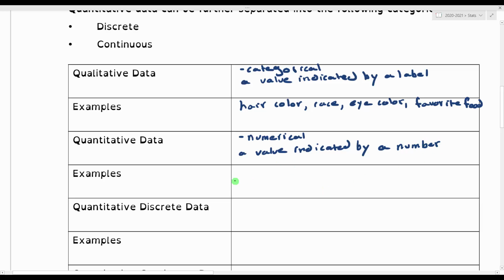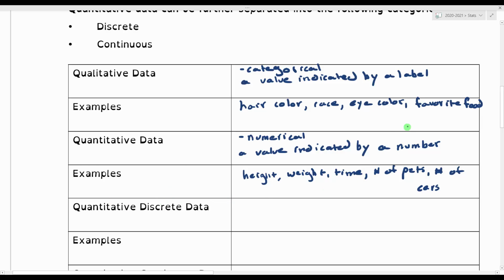Examples of this might be height, weight, time. You could do something like number of pets, or the number of cars that people own. These are all good examples of quantitative data.